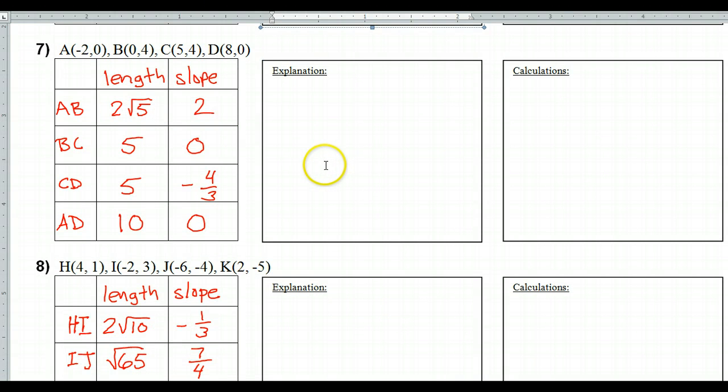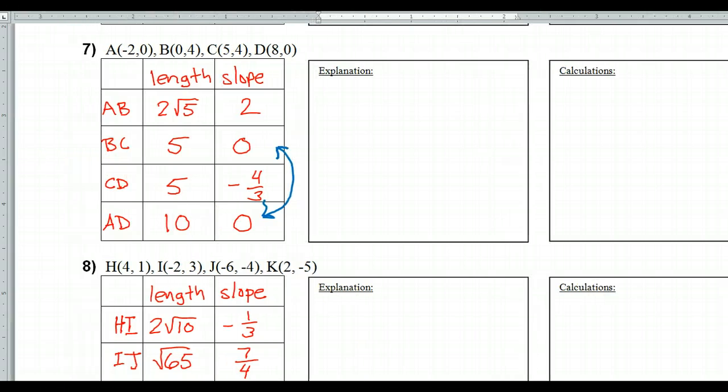So then I ask myself, is it a trapezoid? Well, the definition of a trapezoid is it has one pair of parallel sides. Well, this does have exactly one pair of parallel sides, doesn't it? Okay, these sides are parallel, and these are the only sides that are parallel. So this is a trapezoid. That means these are the bases right here.